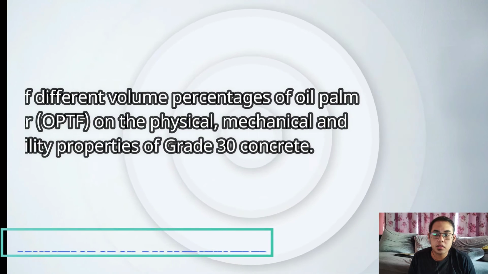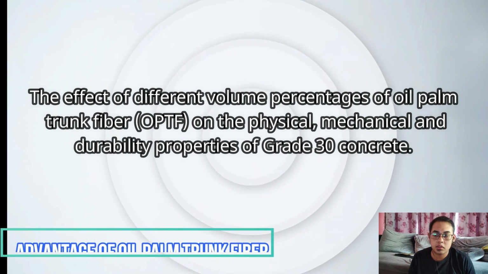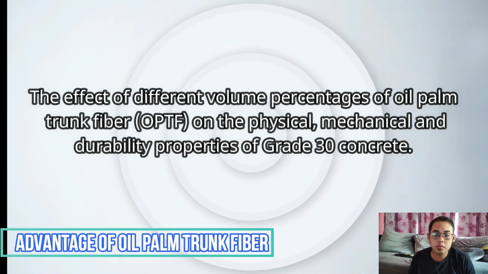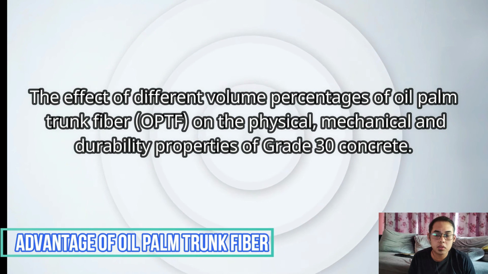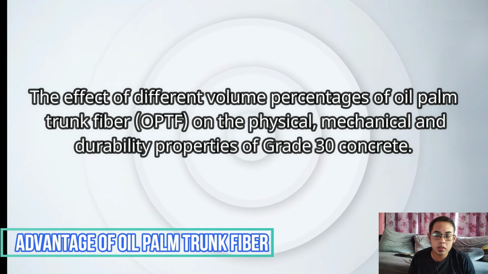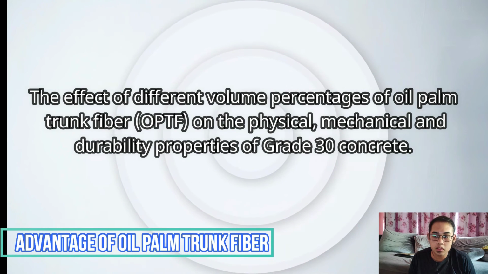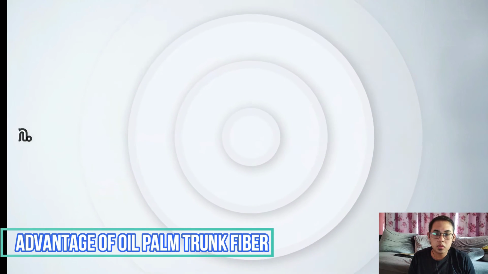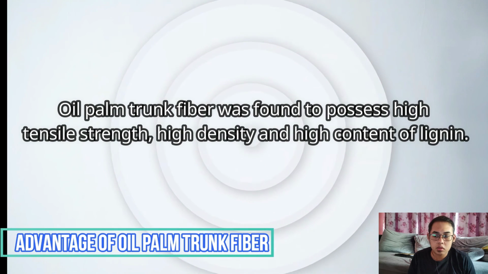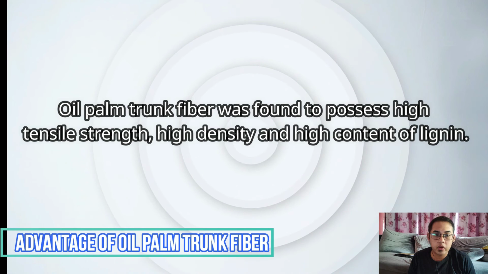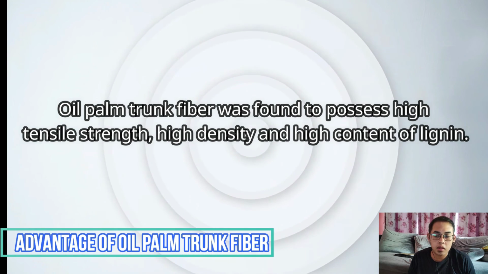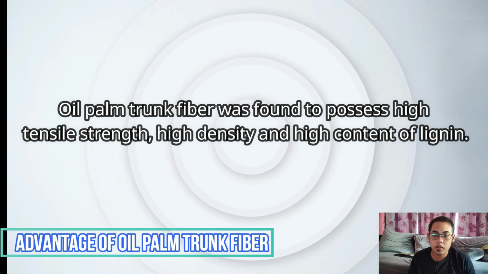Okay, the advantages of oil palm fiber. Firstly, the effect of different volume percentages of oil palm fiber on the physical, mechanical, and durability properties of grade 30 concrete. Next, oil palm fiber was found to possess high tensile strength, high density, and high content of lignin.